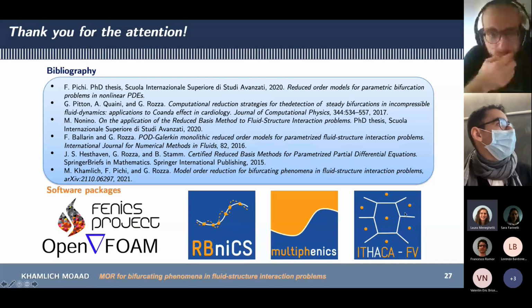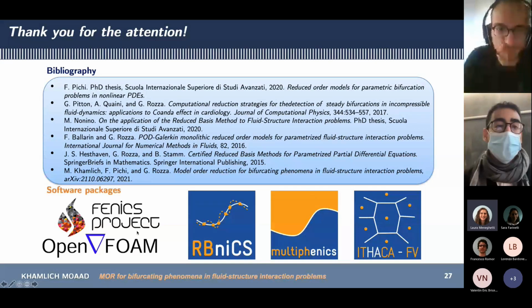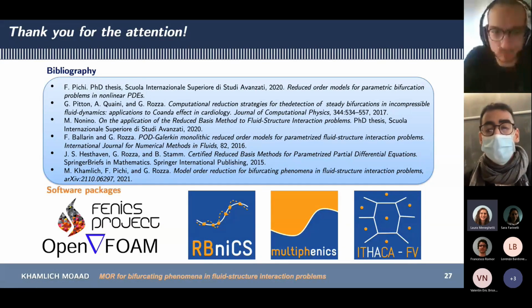Whereas for the finite volume case, we've used the ITHACA finite volume library, which is instead built upon OpenFOAM. So thank you for your attention, and if you have any question, I'm glad to answer.